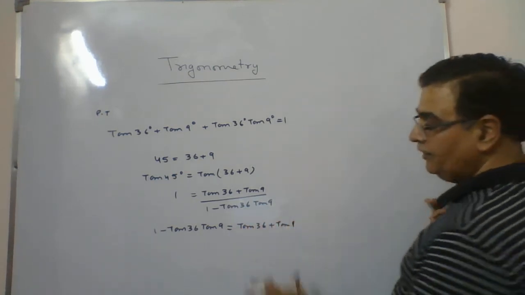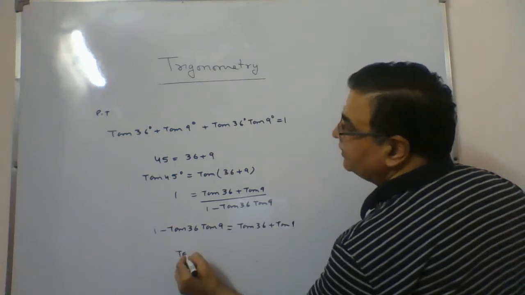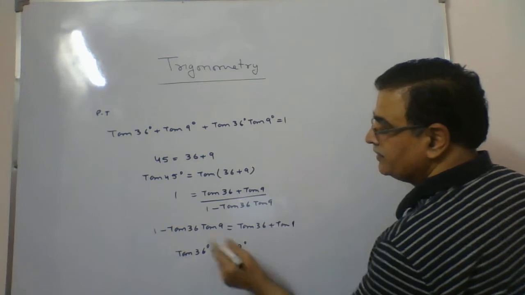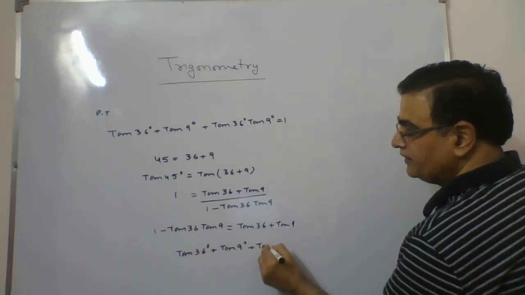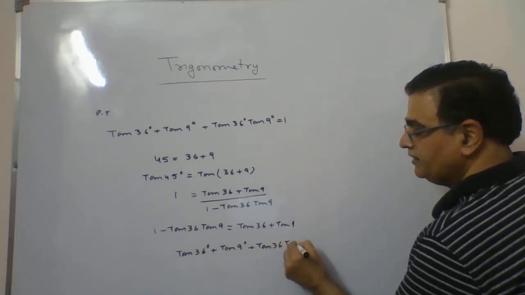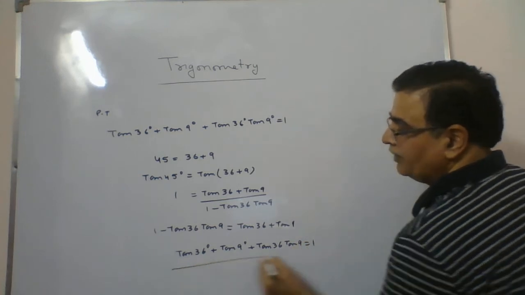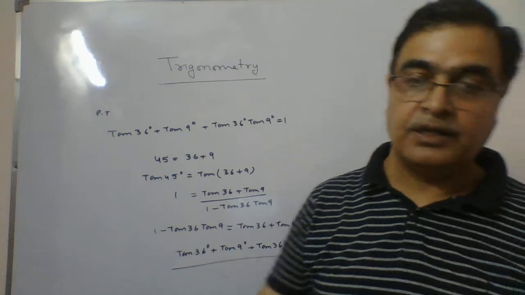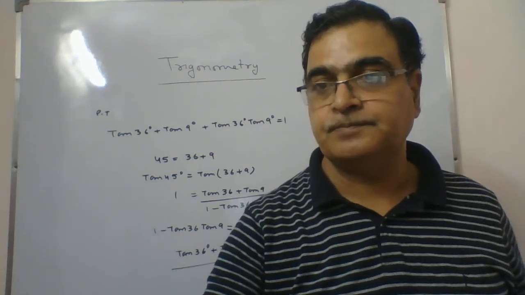And now when you solve it, tan 36 plus tan 9 plus tan 36 tan 9 should come out to be 1. So this is one more question we have done on tan. Now coming on next question.